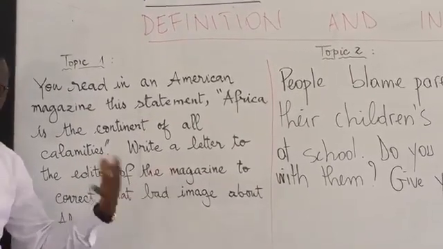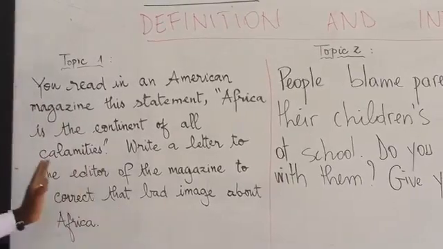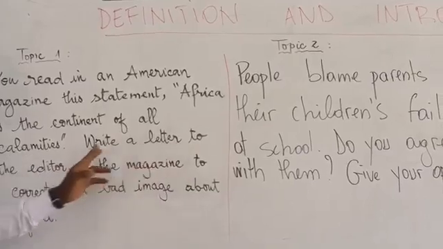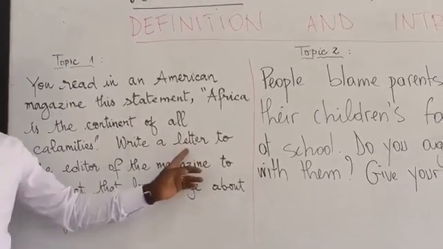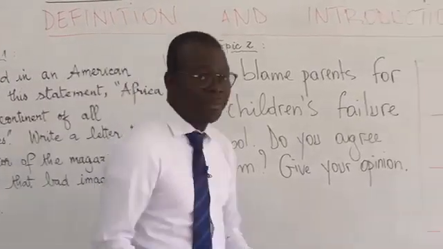When we see magazine, we think of an article. So here, what type of writing is that? Obviously, it is a letter, and it is clearly stated. Write a letter.